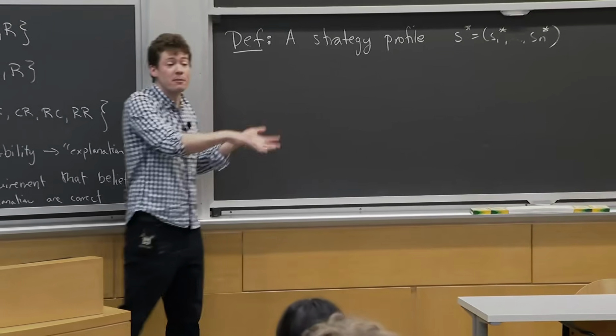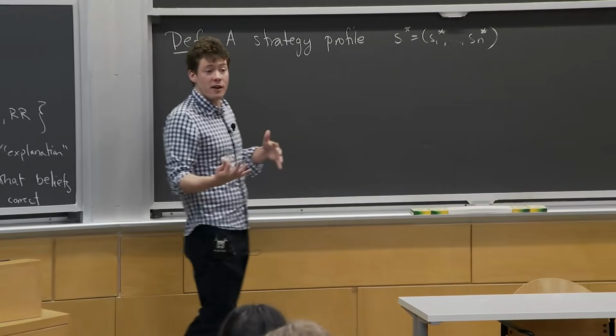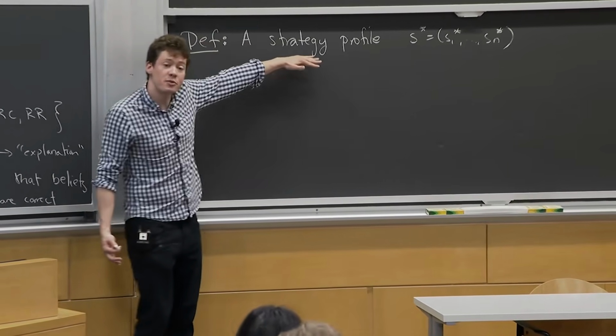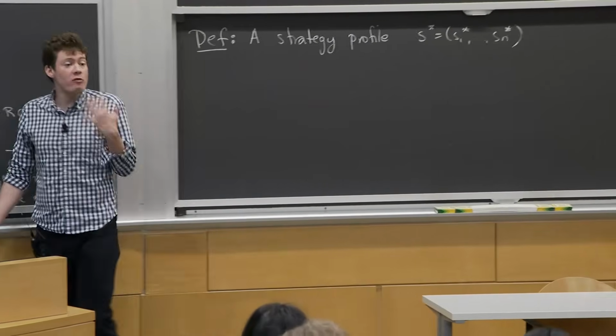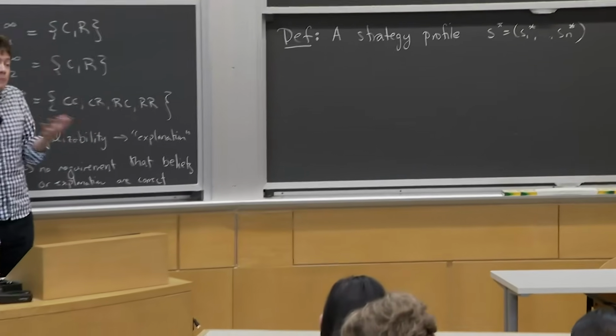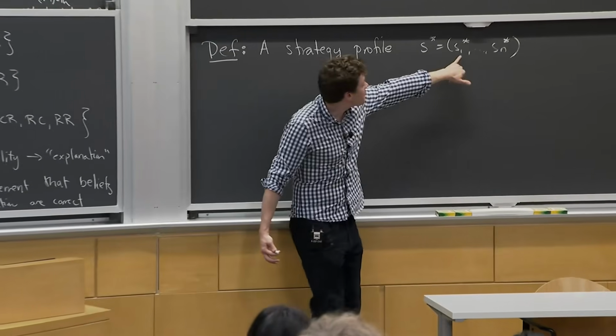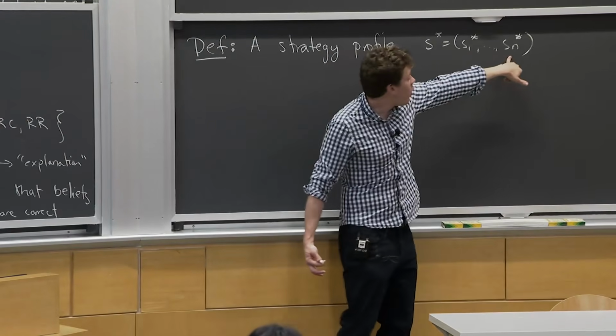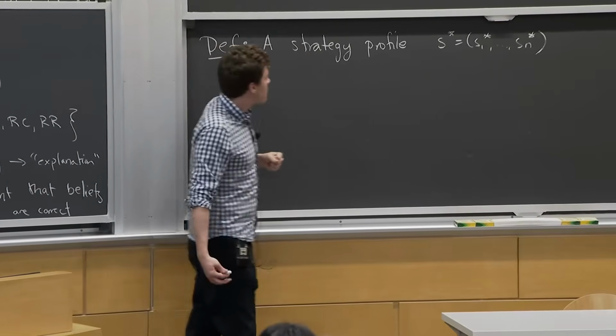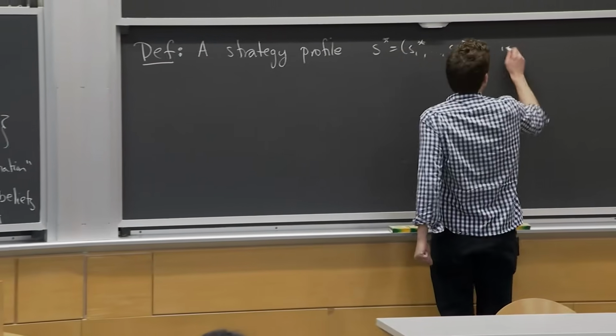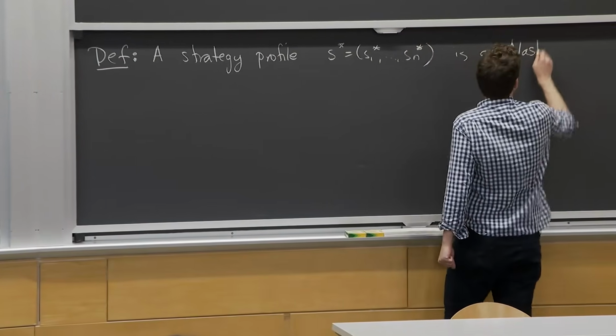They might give the payoffs that the players get if they use that strategy profile. But an equilibrium is always a strategy profile because it's a prediction or recommendation for how people will play in the game. So this is the key first part. It's a profile specifying a strategy for the first player all the way up to a strategy for the nth player. So this kind of strategy profile is a Nash equilibrium.